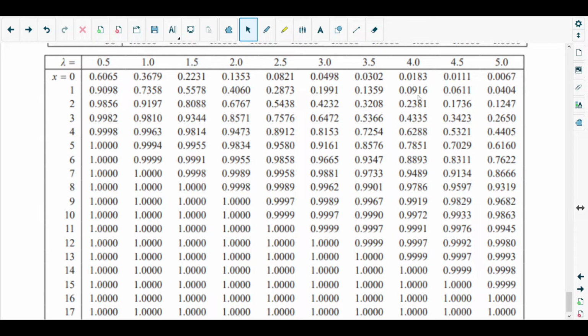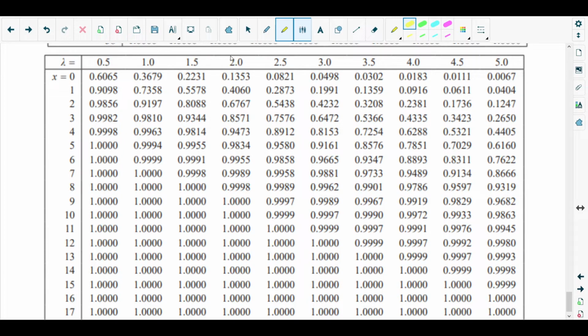We know the value for lambda is 2. I'm just showing how you can follow through the formula booklet, because in Statistics 2 you should make maximum, 100% use of the formula booklet.